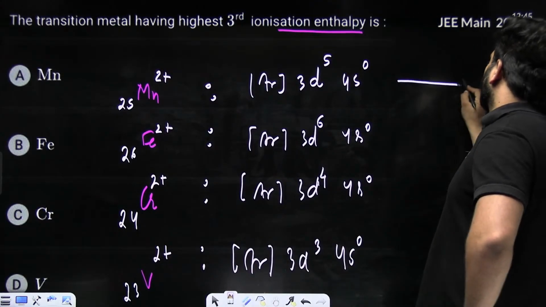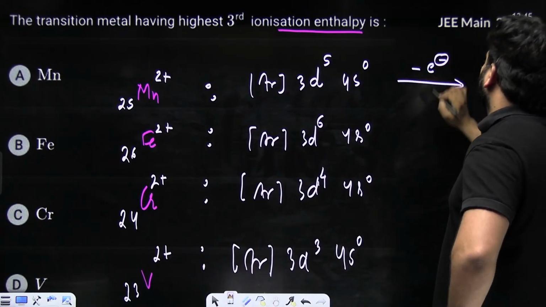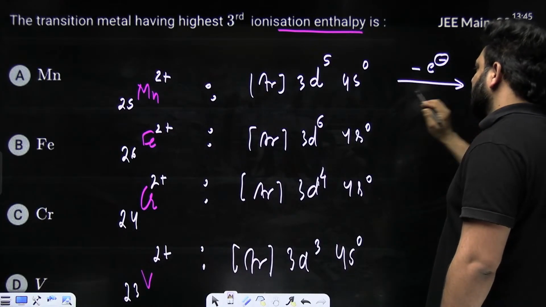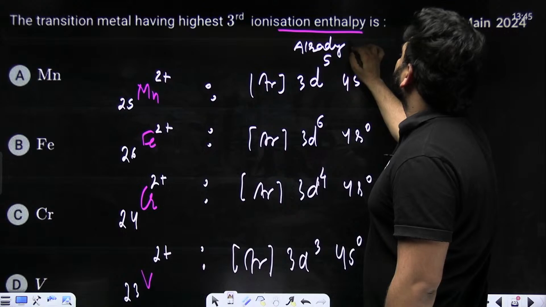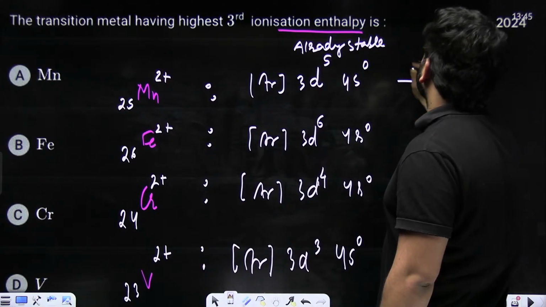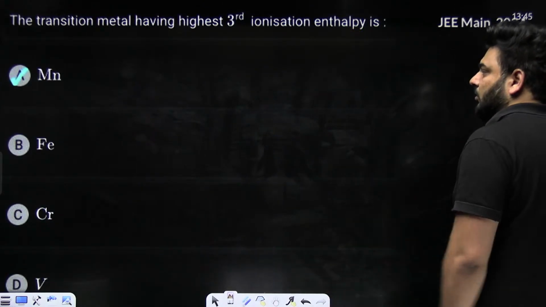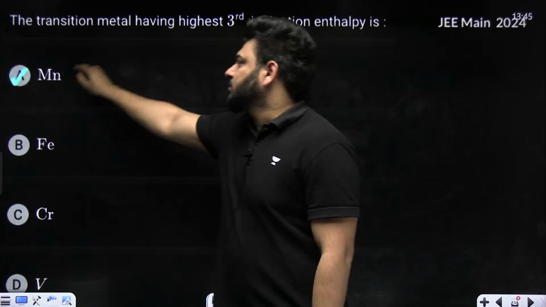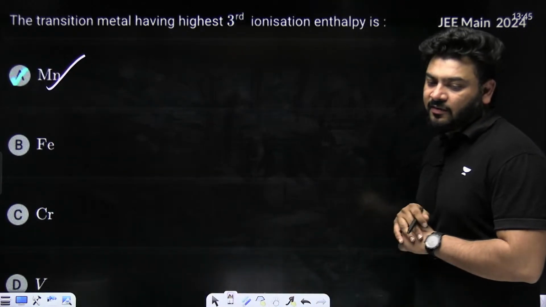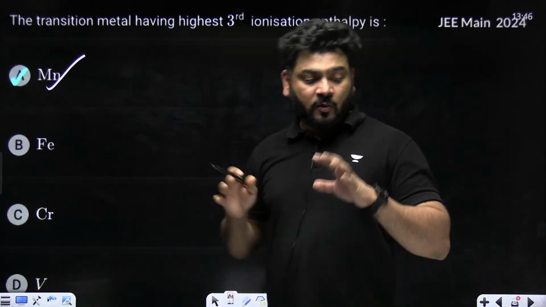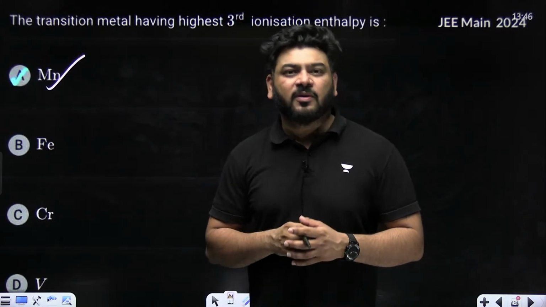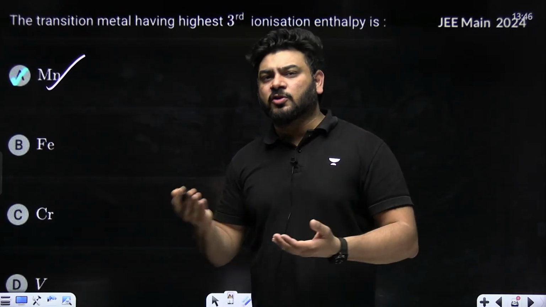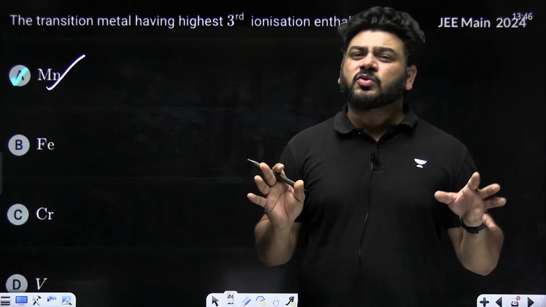So removing one more electron from manganese will be very difficult. This is already stable. Already it is half filled and it is already stable. So manganese is the correct answer. The same explanation can be given in terms of electronic configuration. But you always have to check, whenever multiple oxidation states have been given, like 2+ and 3+, then using electronic configuration you can get the idea.